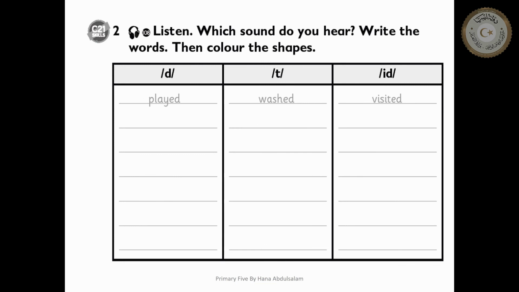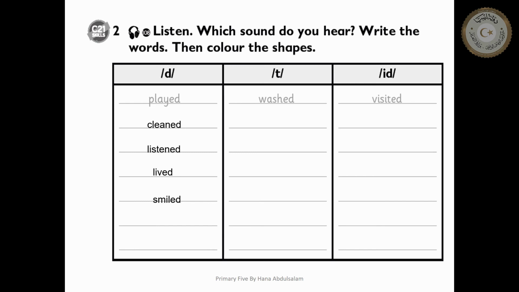Listen. Which sound do you hear? Now we are going to write the verb which ends with ed under each sound. Is it like played, washed, or visited? Cleaned, played. Listened. Lived.